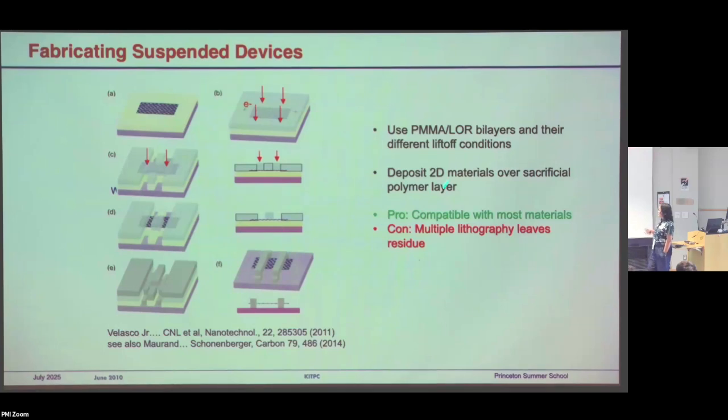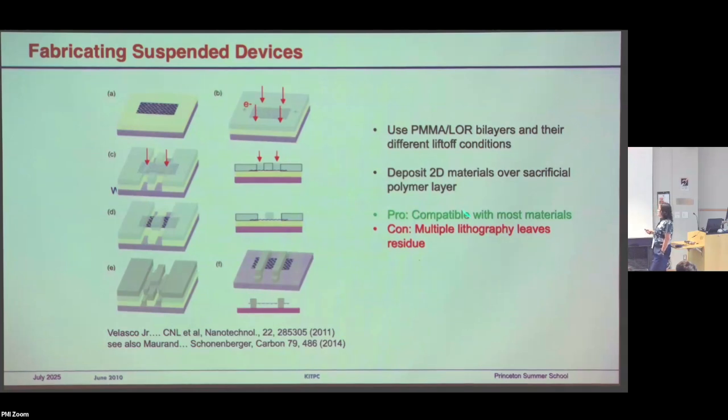Okay, so the third technique is you use a bilayer. You can use a sacrificial layer, which is for example PMMA, or this LOR bilayer, and different lift-off exposure and lift-off conditions, so that you can deposit the materials over the sacrificial layer, and then remove the sacrificial layer later.